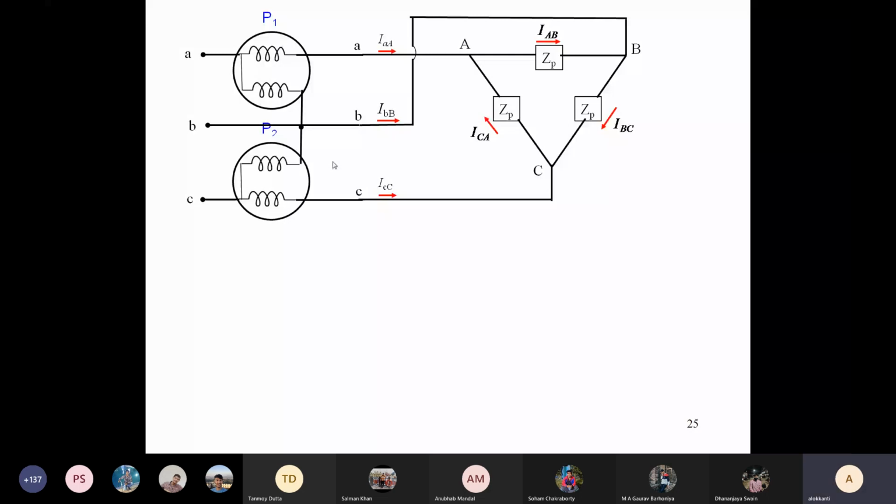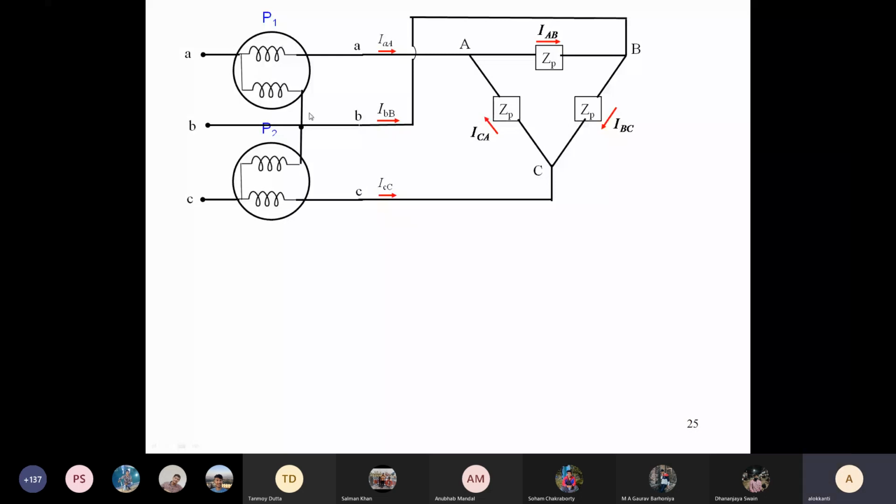Cos of the angle between IA and VAB will be required for P1. Similarly for P2. Power is equal to VI cos of the angle between voltage and current. So for the first wattmeter, the current is IA, the voltage is VAB.